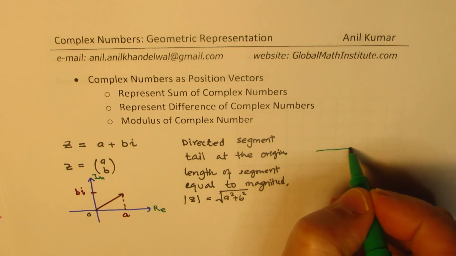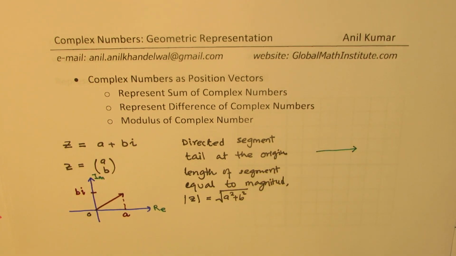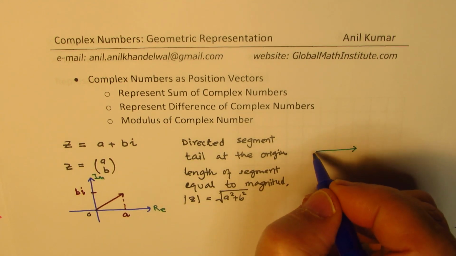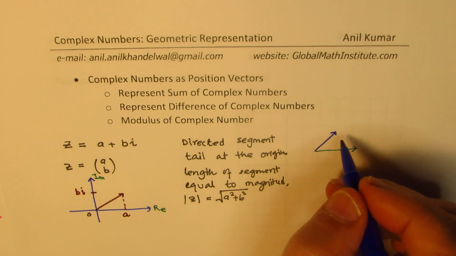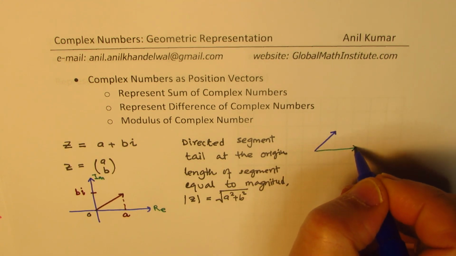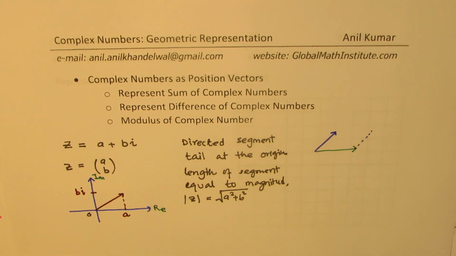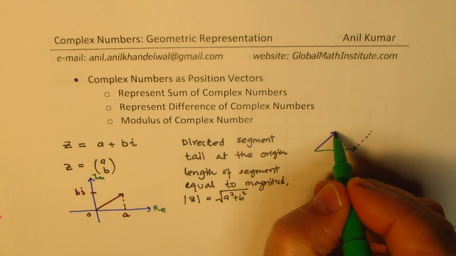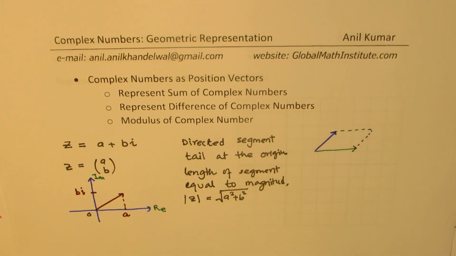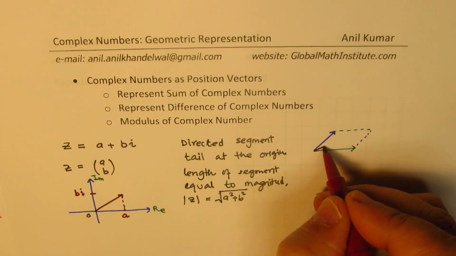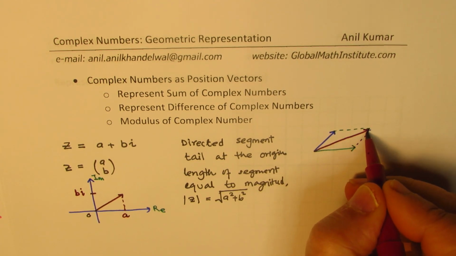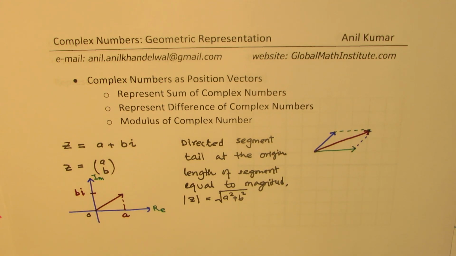If I have a vector, let's say this is one vector and the other vector is like this, in that case we could add these vectors by forming a parallelogram, right? So in that case the vector which is the diagonal of this parallelogram is the sum of these two vectors.